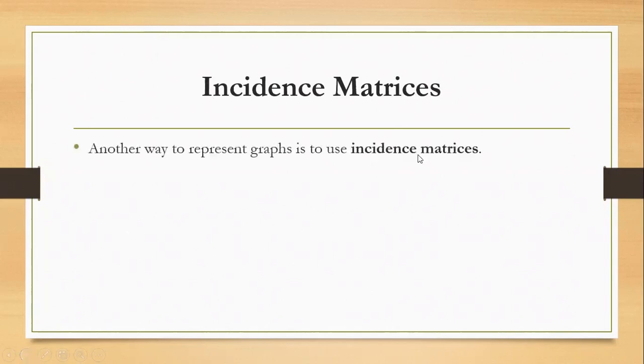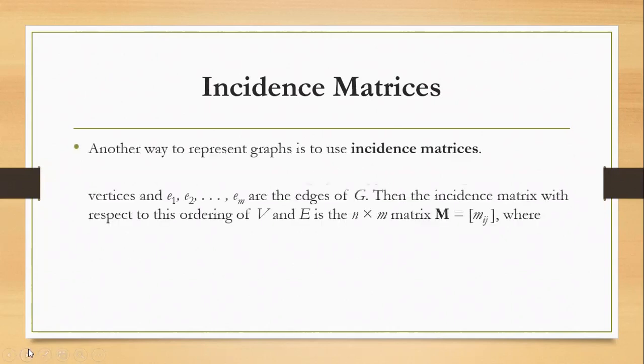So now we have seen adjacency matrices, and we will be looking at the next matrix, the incidence matrix. So incidence matrix is basically when instead of the vertices, we try to represent by using the edges. So another way to represent graphs is to use incidence matrices.